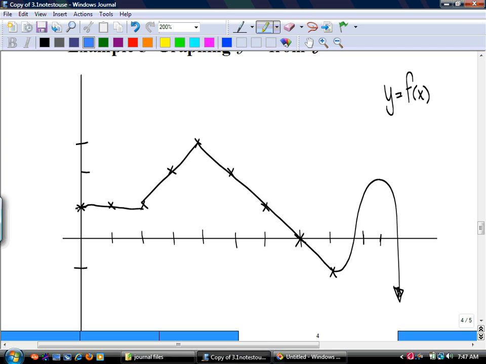So, slope at the first point is 0. Next point is 0. Slope at the next point is 1. It's rising 1 and running 1, so it's got a slope of 1. Slope of the next point.